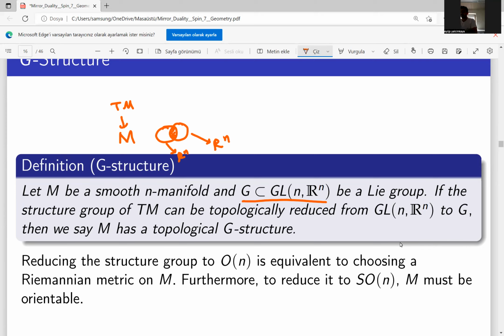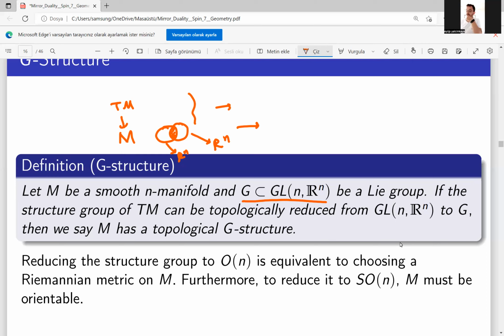The structural group of TM can be topologically reduced from GLn to G, and so the tangent bundle of M has the topological G structure.